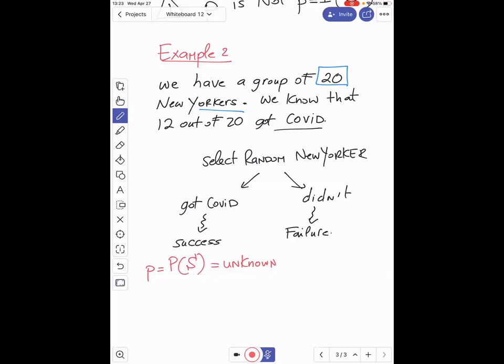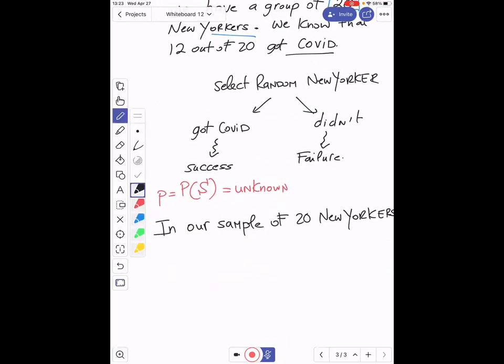So in our sample of 20 New Yorkers, the proportion of success, P hat, is just the number of successes over the size of the sample, or the number of trials.